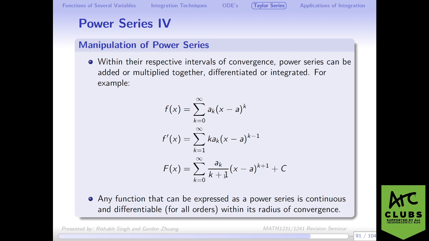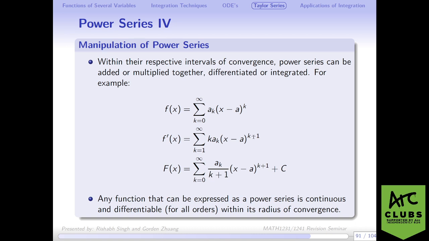Power series can be manipulated, which is what makes them useful. So when we have some power series, we can differentiate them or integrate them. And to do that, it's just taking the derivative or integral of the individual terms. So if we differentiate each term, the k will come out and the power goes down.